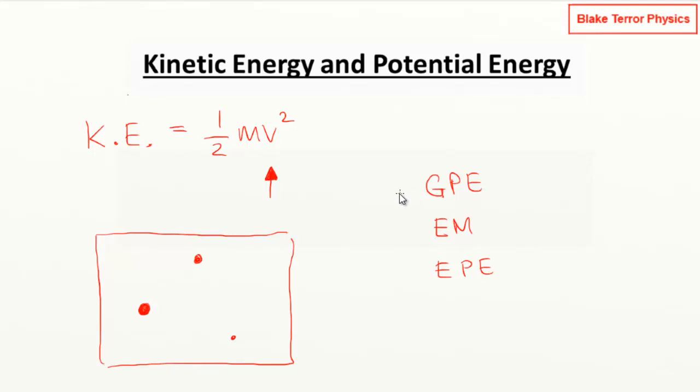So there's lots of different ways that potential energy can exist within a system of objects, and part of our job as physicists is to be able to quantify each one of these, but you have to do it in a different way each time, whereas for kinetic energy we've just got one nice little formula that we can use time and time again.